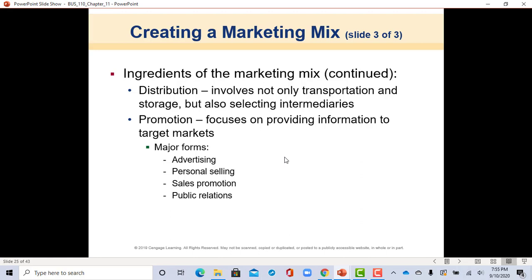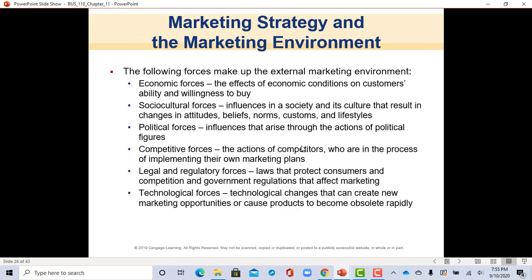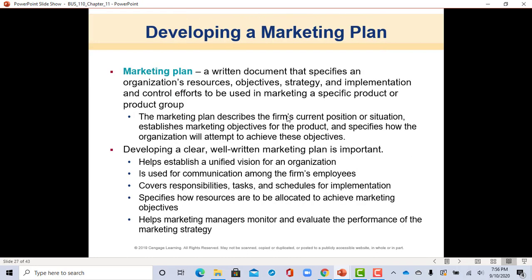A firm can vary each of them to suit its goals and target market needs. All of the firm's marketing activities can be affected by external forces, which are generally uncontrollable. Because the forces of the marketing environment are subject to change, marketing plans have to be updated frequently.